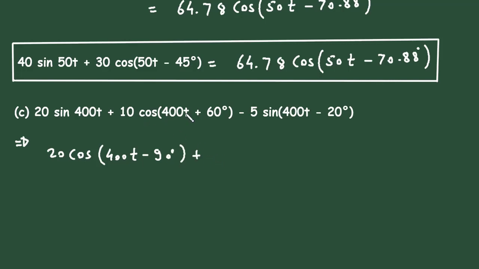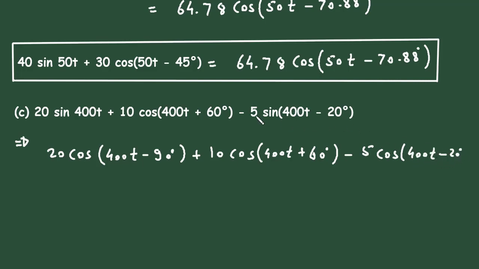Then plus, this is already in standard form: 10 cos 400t plus 60 degree. Minus 5, now again this is in sine form, so in cos form it will be 5 cos 400t minus 20 degree, and since we change from sine to cosine, we have to add minus 90 degree to it.